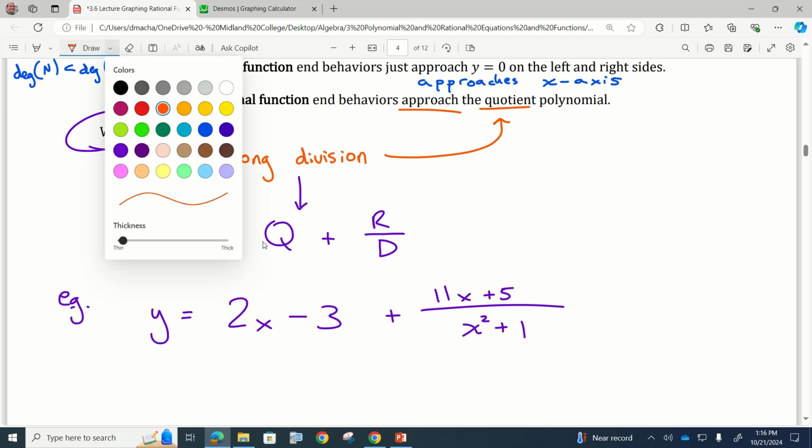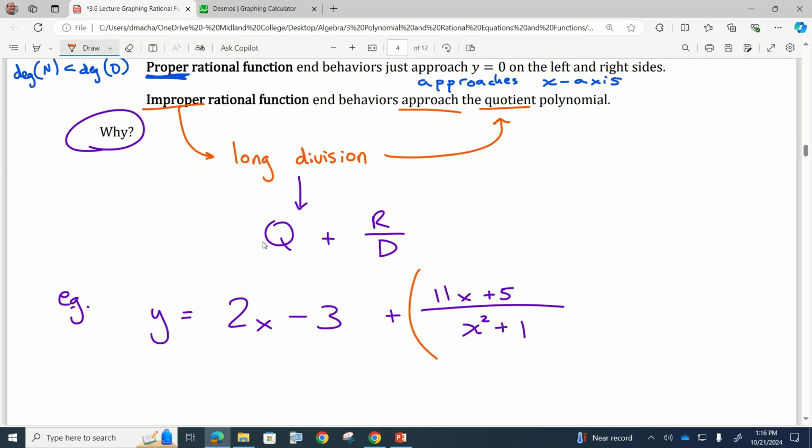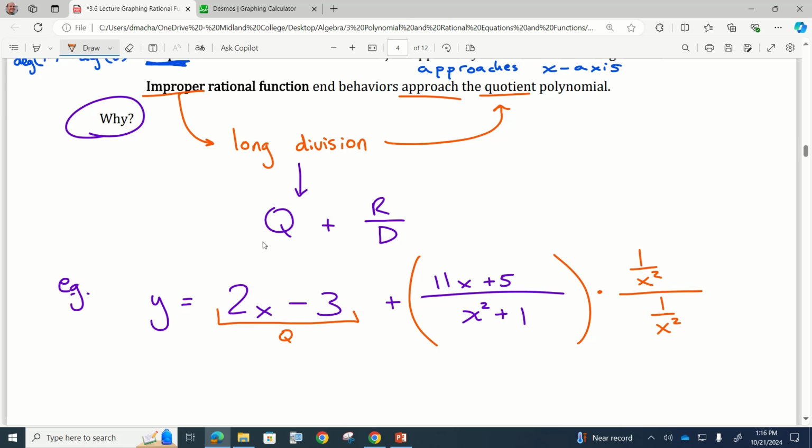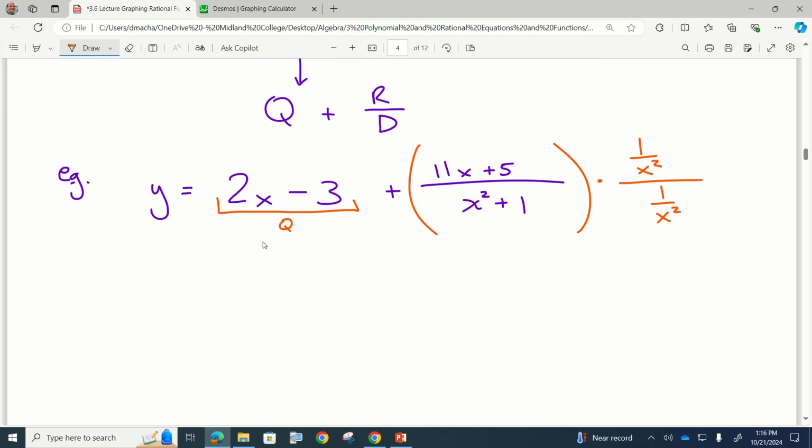And what I want to draw your attention to is, what if I took this last part, not the quotient, this would be the quotient right here, but this last part that's remainder over denominator, and I multiply this times 1 over x squared in the numerator, and I multiply by 1 over x squared in the denominator. Remember, that's like multiplying by 1. I haven't changed the value of anything. I'm just writing the same thing in a different way.